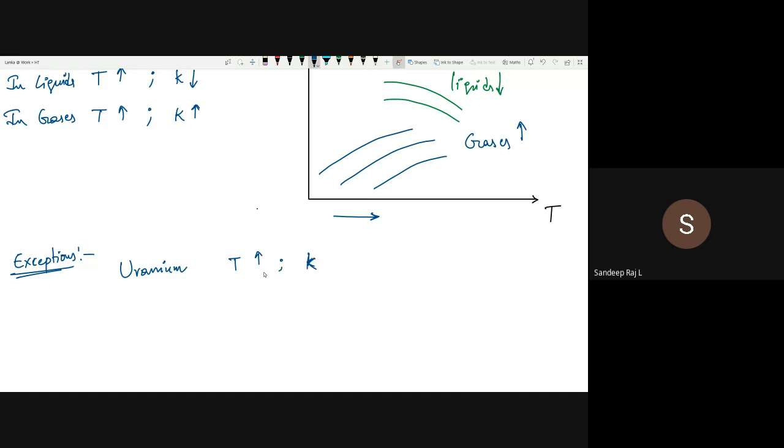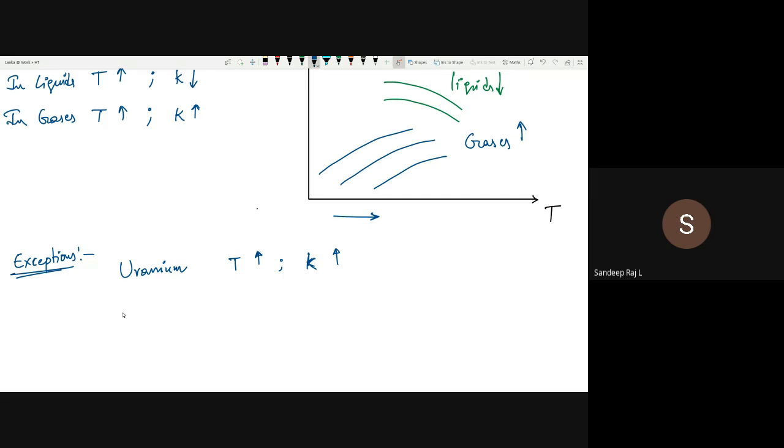But in case of uranium, the thermal conductivity will increase. Why is it happening? Again, due to the same story, because of the lattice structure. The lattice structure will get even more robust when you increase the temperature for uranium. Uranium is a solid, but it behaves differently compared to the other solids.